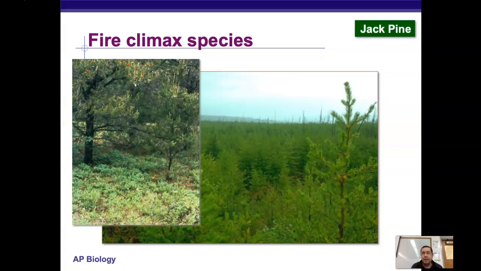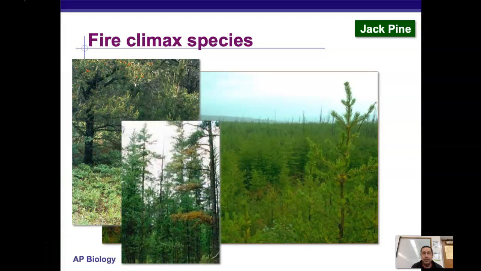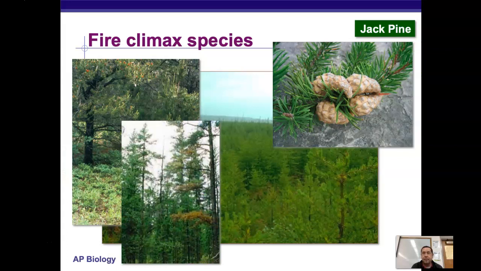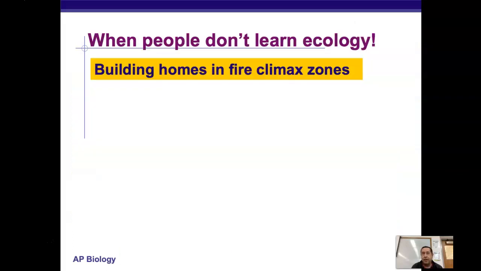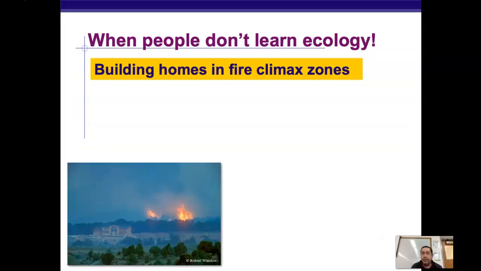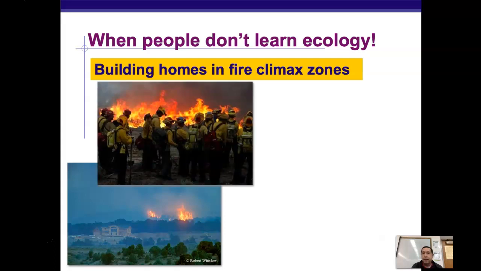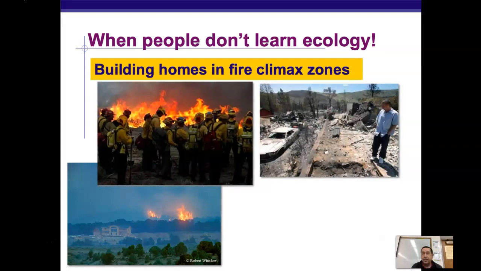Jack pines, their cones open up from the heat of the fire and release the seeds. So they've adapted to survive and reproduce in areas that have frequent fires. One of the problems we're having today is people are building their homes and communities in these fire climax zones. And if we suppress the fires, we get too much fuel built up and we get a really, really bad fire.